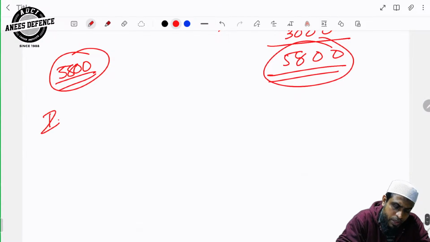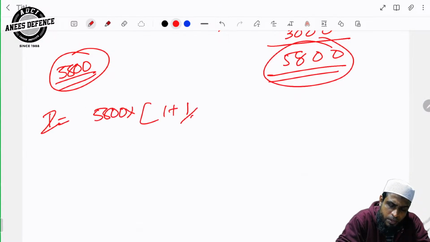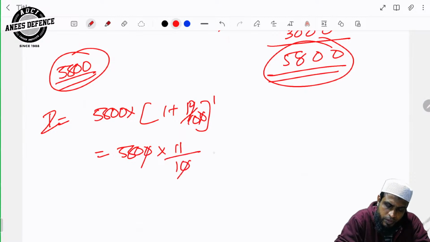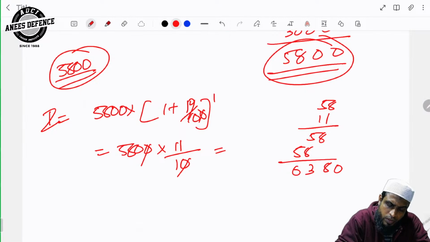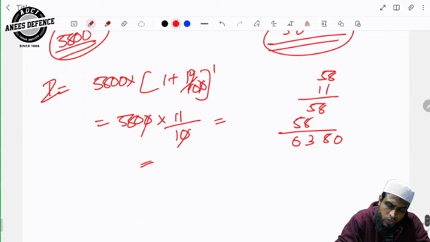In the third year, the initial amount is 5,800. So the amount will be 5,800 into 1 plus 10 by 100 raised to 1, so 58 into 11, 6,380.